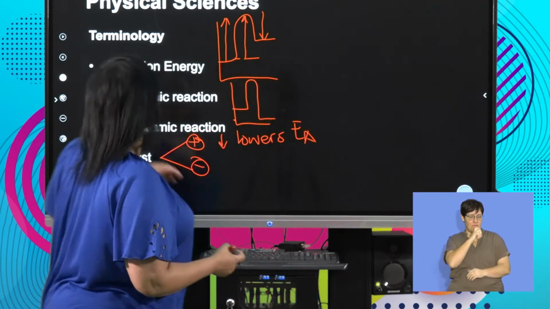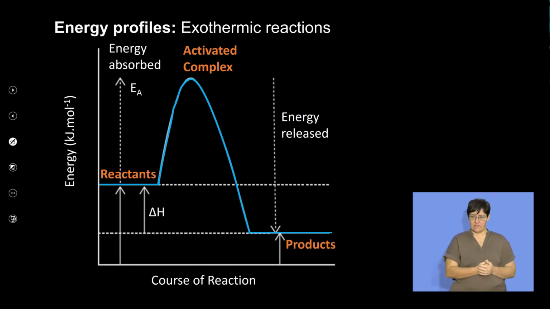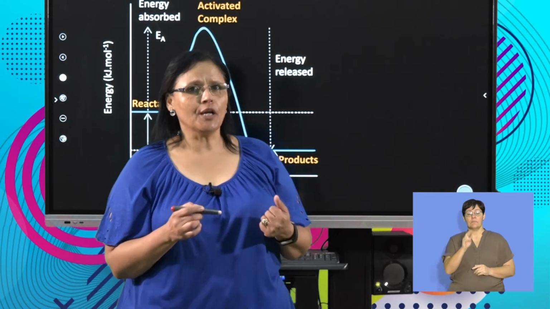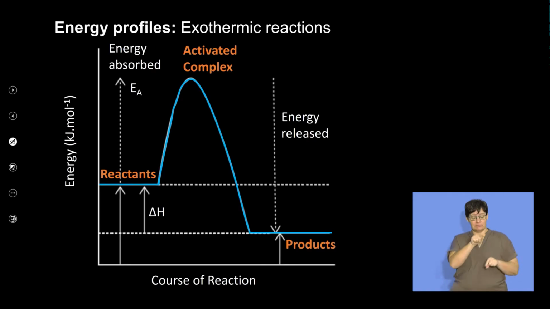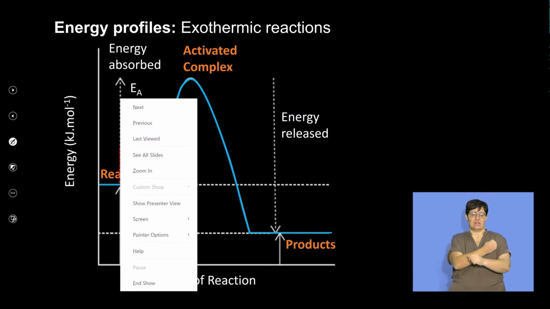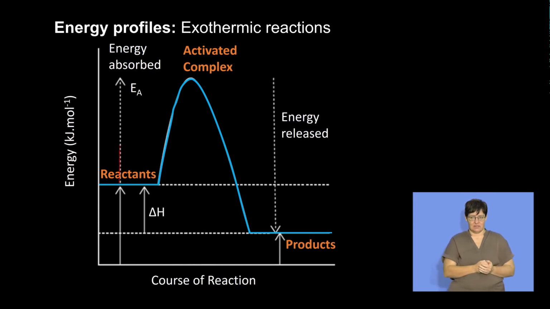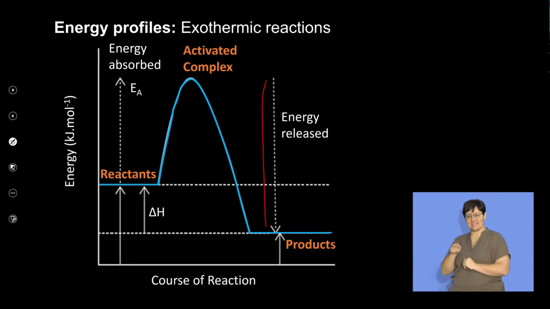When we look at the energy profiles, the first one that we have here is our exothermic reaction. And I want to remind you that your exothermic reaction, as per earlier studies, is the reaction where your reactants absorb some of your energy, and the energy that's absorbed is normally less than the energy that is released.